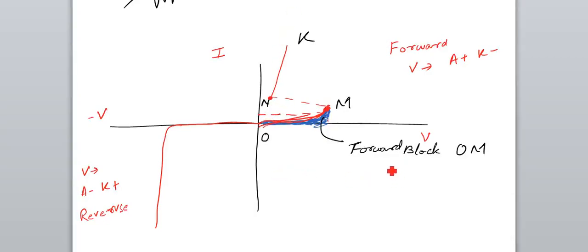So here the current I is minimum, and that's why it is called leakage current flow. Leakage current.